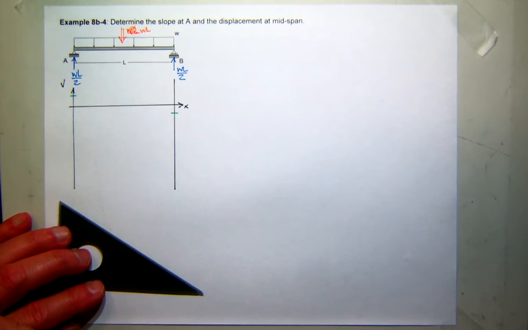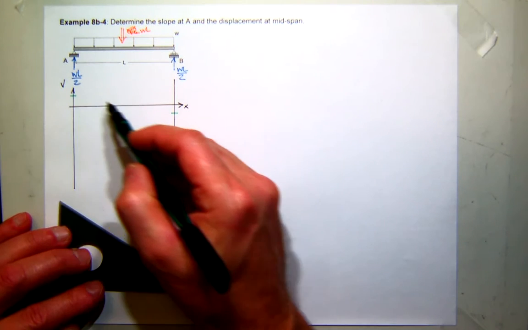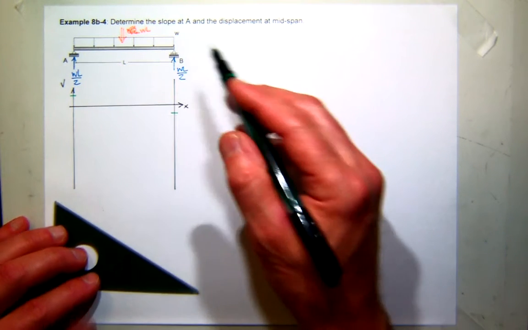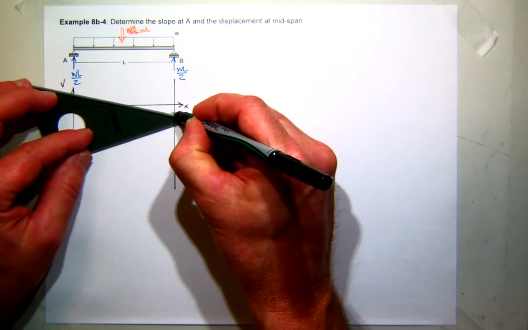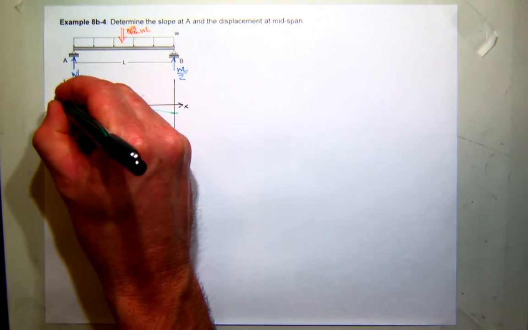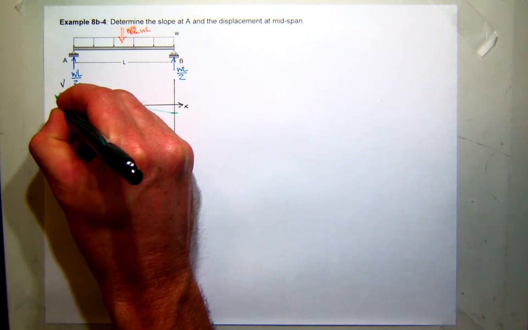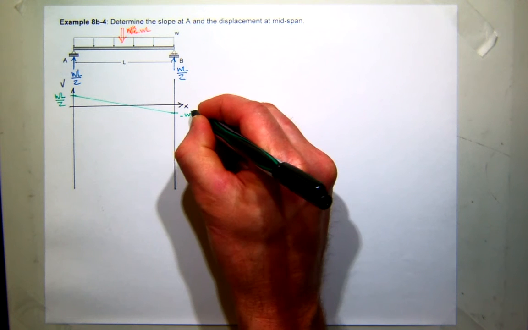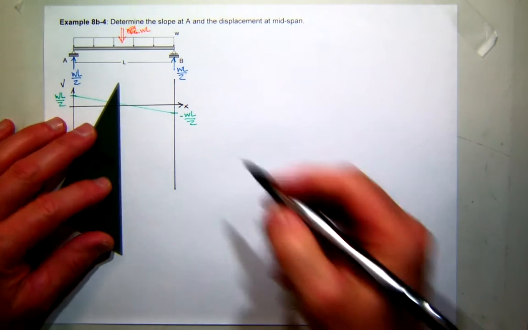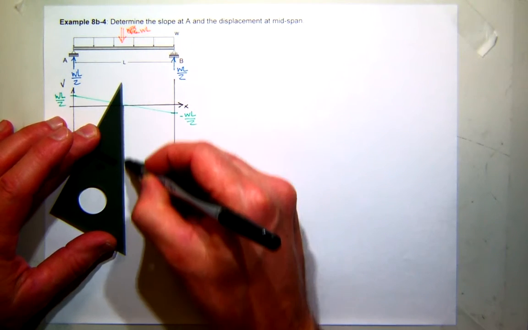So that matches. And also the shape of the curve would be given by the loading. The loading is constant and negative, so we have a constant negative slope. So I'd start at WL over 2 and end at negative WL over 2. That didn't come out perfect, but it should be very close to the center of the beam.